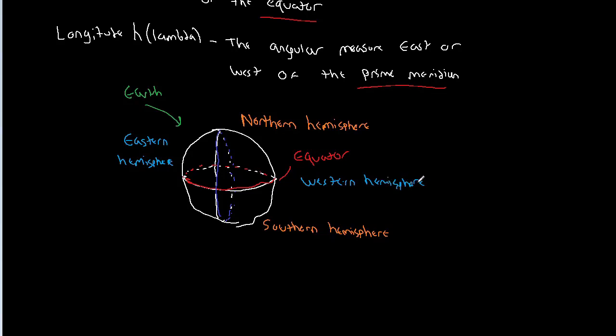Okay, and we have the two dividing lines being the equator and the prime meridian.